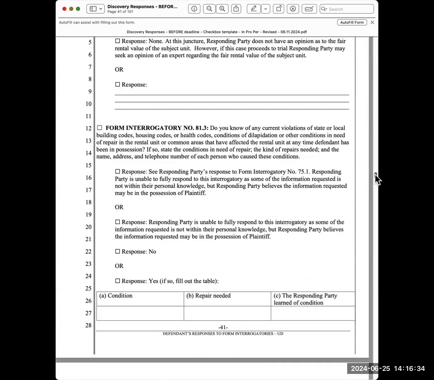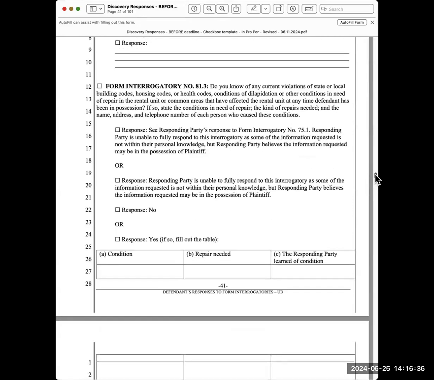And the last question in the form interrogatories unlawful detainer is question 81.3. And 81.3 is very similar to question 75.1.